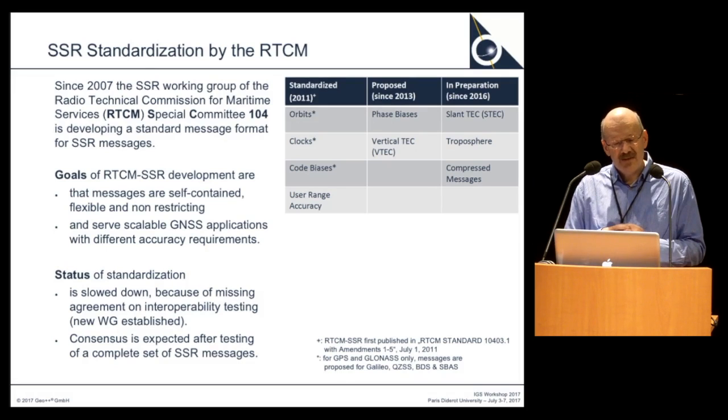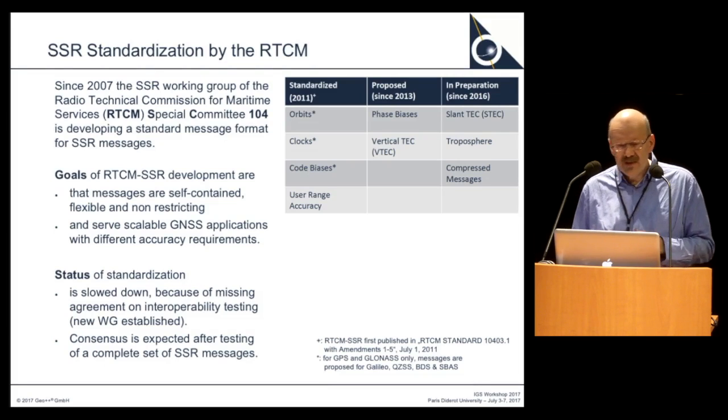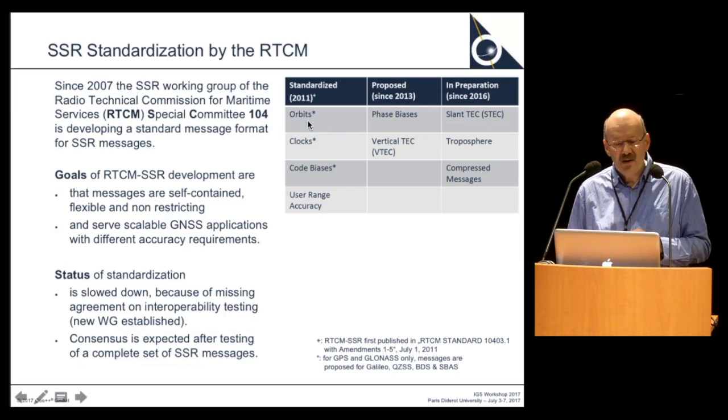And the point is we want to use the scalability of SSR, so it should support every GNSS application with different accuracy requirements. So what we achieved so far is we standardized already orbits, clocks, code biases and user range accuracy, but only for GPS and GLONASS.